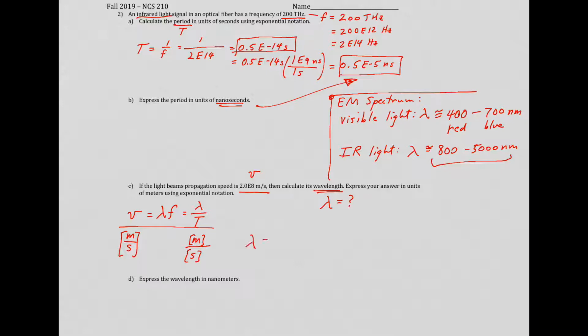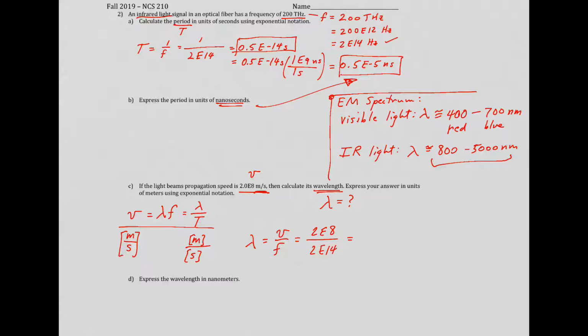In any case, this is the equation we're going to use, and we're going to solve that equation now for lambda. I'm going to use the first version of it: lambda is v over f. And I'm going to take the 2 times 10 to the 8th meters per second. There's no metric units on there, so I'm going to leave it as 2e8, and I'm going to plug in the frequency in hertz rather than terahertz, 2e to the 14th hertz.